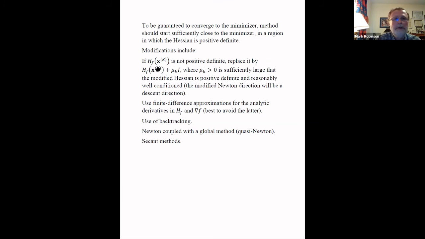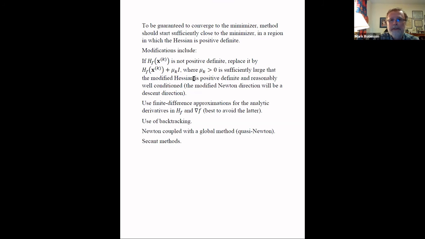So you're perturbing the diagonal entries of that Hessian, where mu k is sufficiently large that the modified Hessian is positive definite and reasonably well conditioned. And then if you have a positive definite Hessian or modified Hessian, then your Newton direction, the direction in which you're moving, is actually going to be a descent direction.